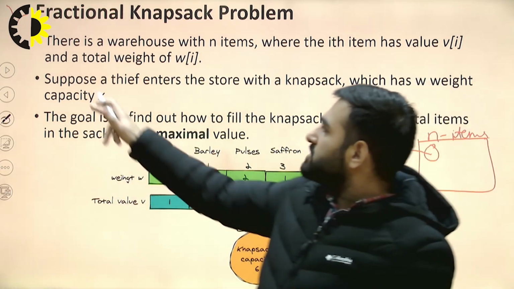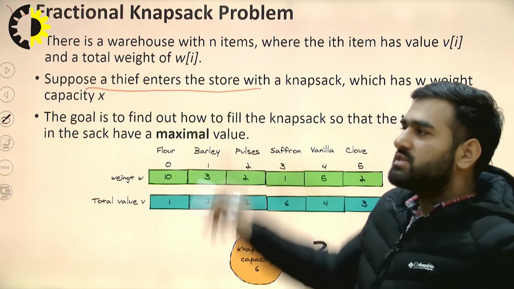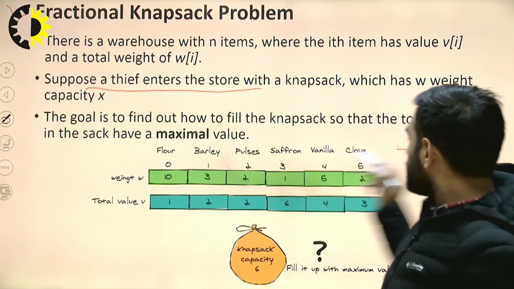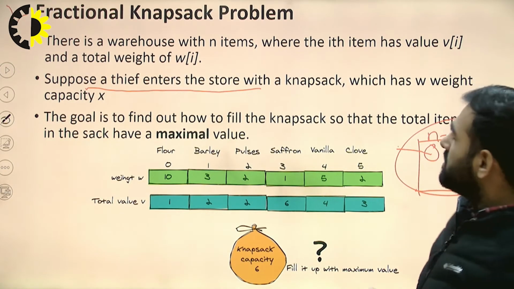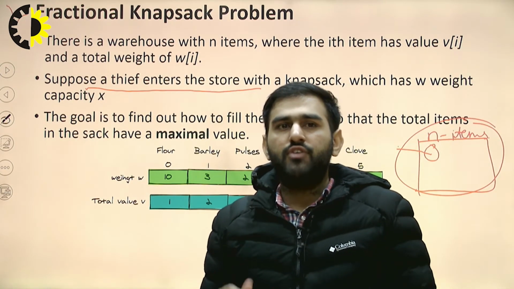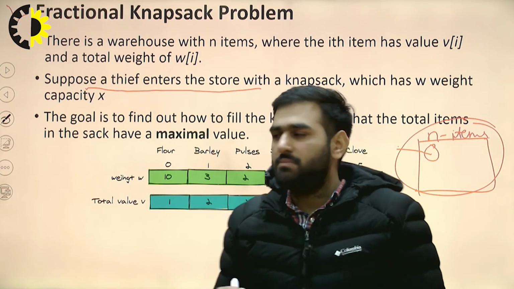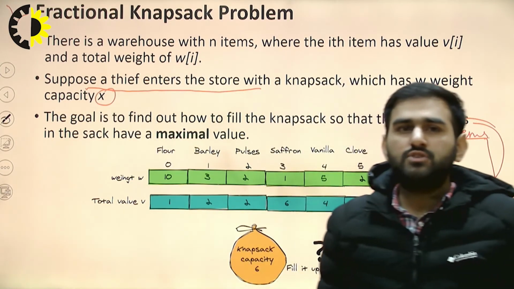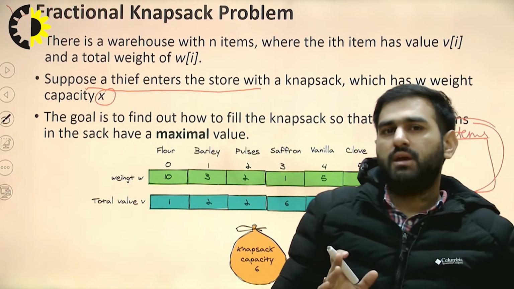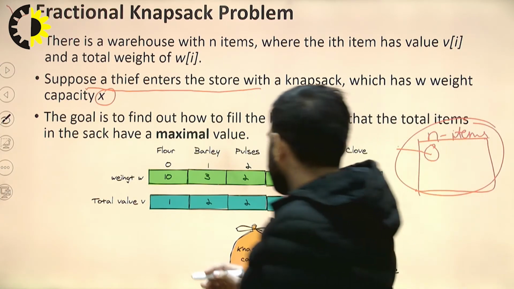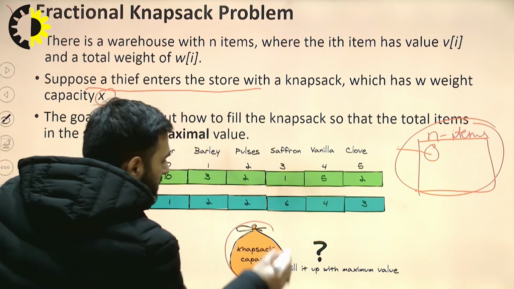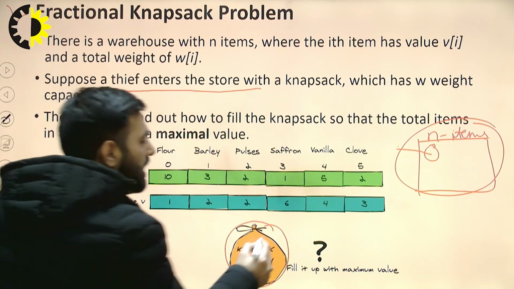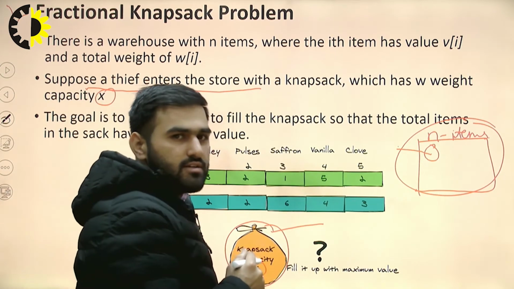Now, suppose a thief enters the store, or the room or warehouse, with a bag of capacity x. So the main problem is he has to fill his bag with some capacity. Here it is 6, with the maximum profit with less weight, right?